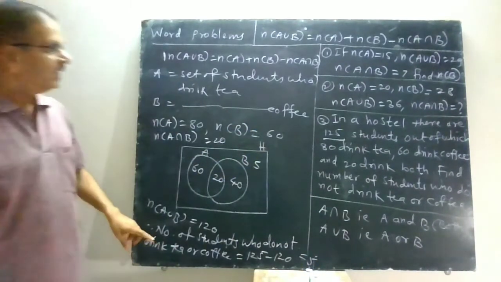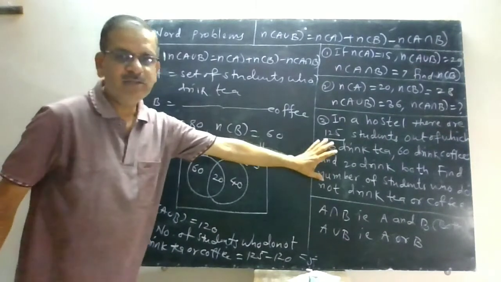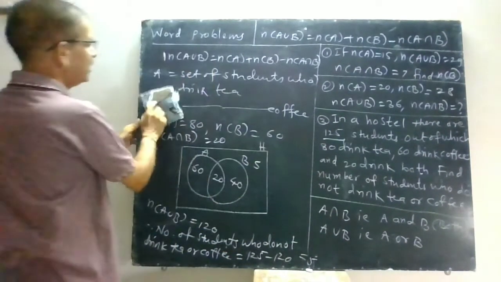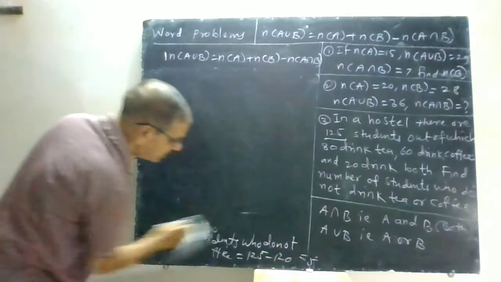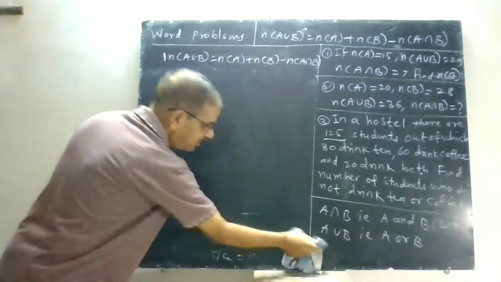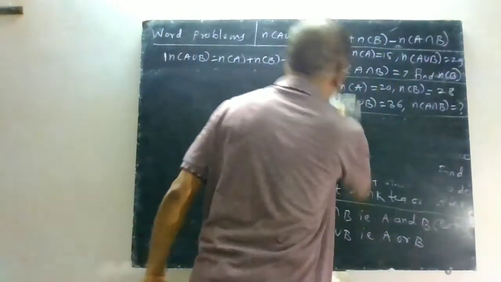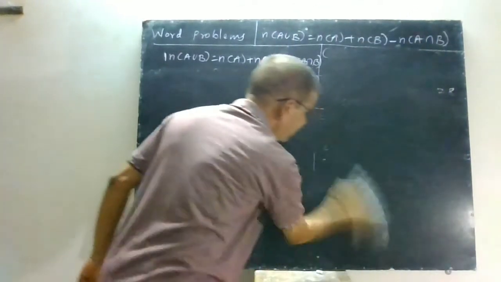So it is not necessary to use this formula for solving this problem. I will see one more problem where you have to use this formula. So in this problem what you have seen, there are only 5 students who do not drink tea or coffee. We'll see one more example.